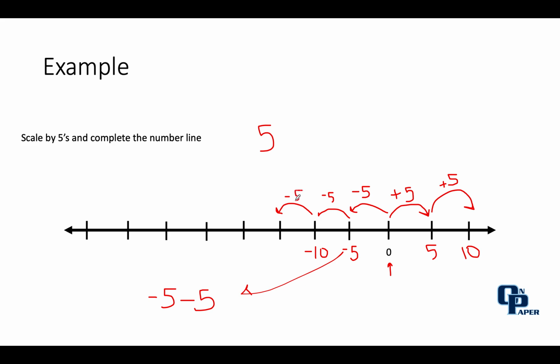And we keep going with that same pattern. So we type in negative 10 minus 5, and that would be negative 15. Negative 15 minus 5 would give us negative 20. Negative 20 minus 5 would give us negative 25. Negative 25 minus 5 would give us negative 30.